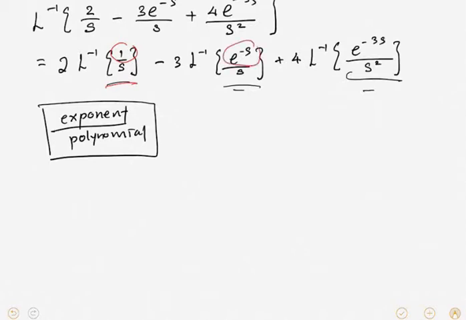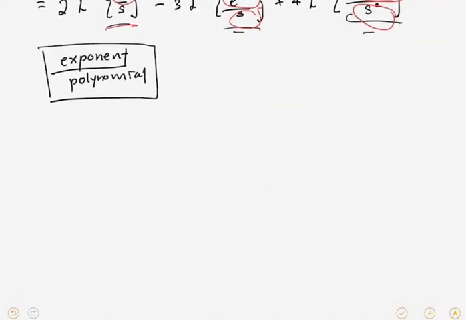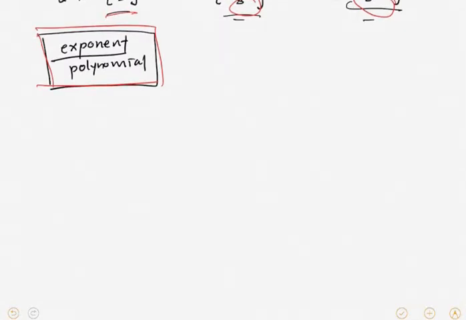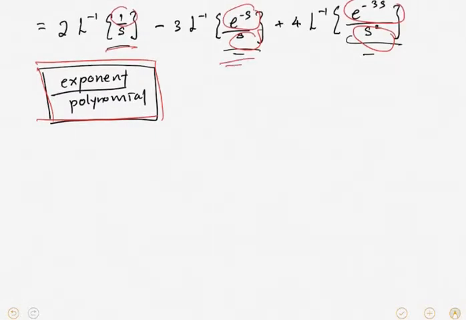But this and this have the exponential, and this one and this one are the polynomial, so you can use the second shift theorem. You have to be careful and make sure the expression is in the form of an exponential over a polynomial. To do this, first of all, let's solve this e to the power negative s over s.